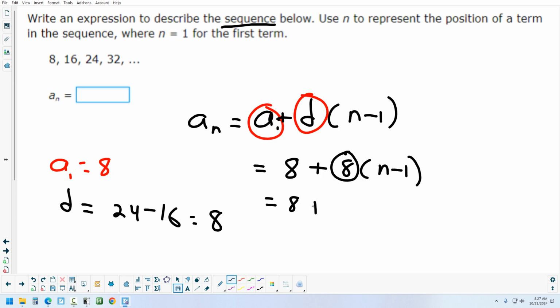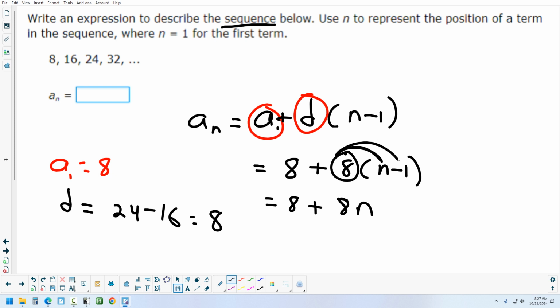Start you off with 8 plus, because we're not distributing anything there. What's 8 times n? So when you do 8 times n, you just get 8n.